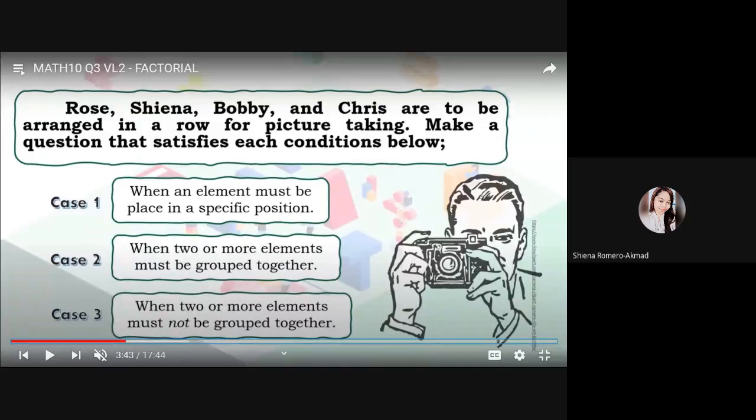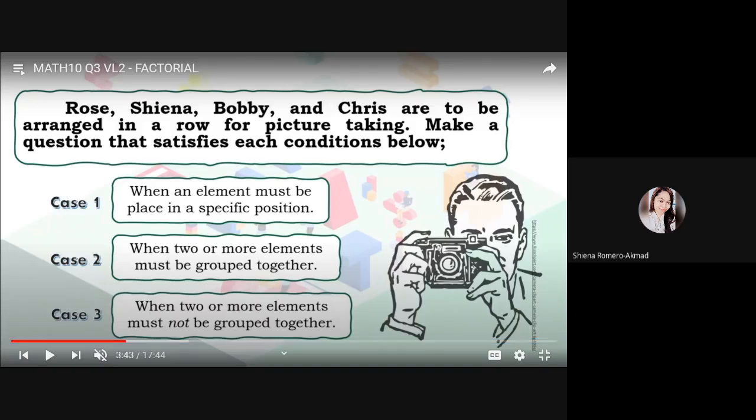Gusto niya nasa unahan siya, si Chris. Sabihin na natin, kasi pag nag-arrange tayo from right to left, Chris wants to be seated on the right side. Okay, so yun. An example of a condition. So, thank you for trying.